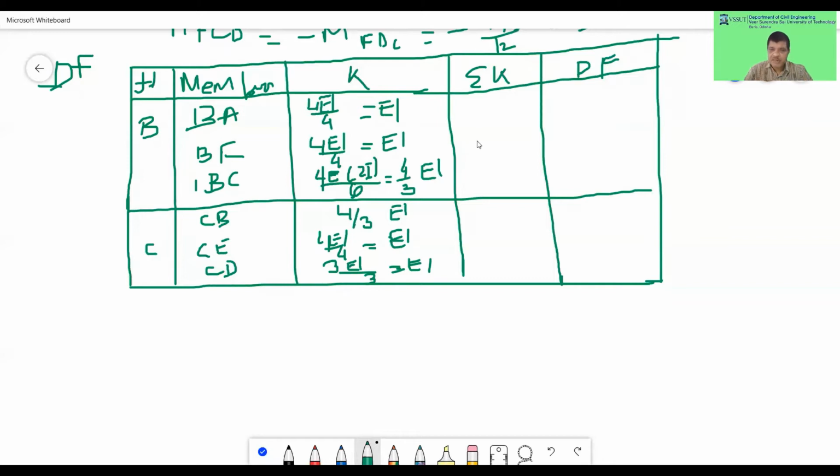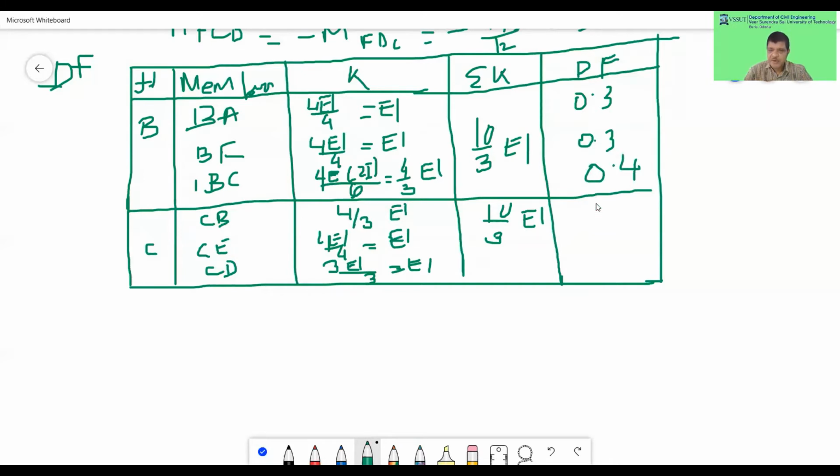Now to calculate all these, it comes out to 10 by 3 I. Go on adding all these values, and this value also comes to 10 by 3 I. There is a similar pattern, the values are the same. If you calculate the distribution factor, it will be 0.3 here, because EI by 10 by 3 I becomes 3 by 10, so it is 0.3. Also here it is 0.3, and here it is 0.4, because the total will be 1.